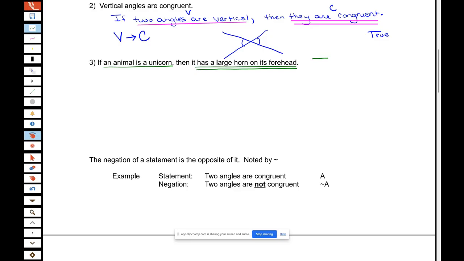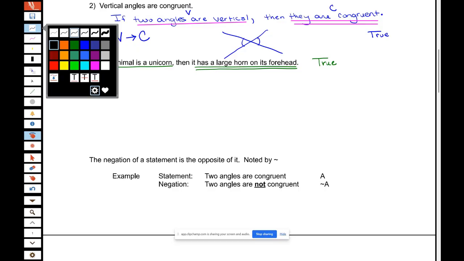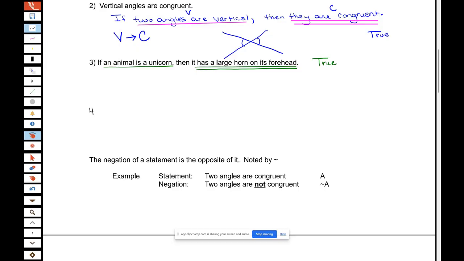This statement we have to classify as true because you're not going to be able to find a unicorn that doesn't have a large horn on its forehead, because unicorns don't exist, so we can't classify it as false. Let me just give you an example of a conditional statement that would be false. If a polygon is a rectangle, then it's a square.